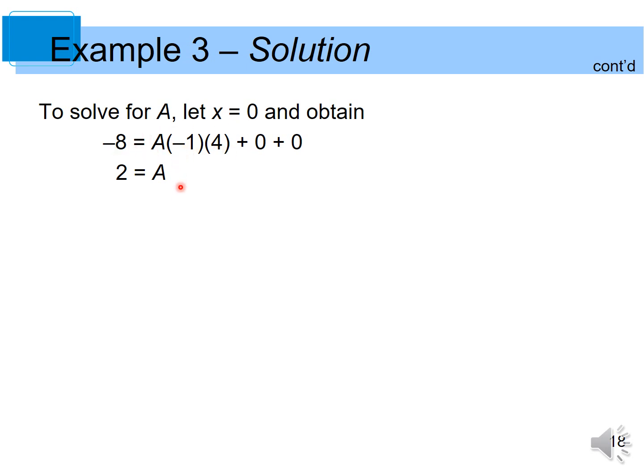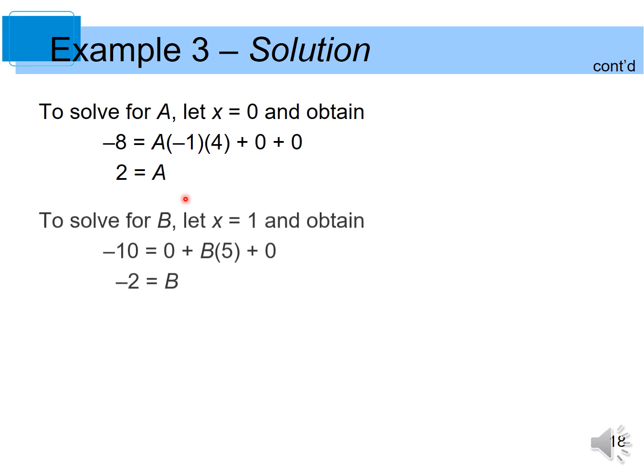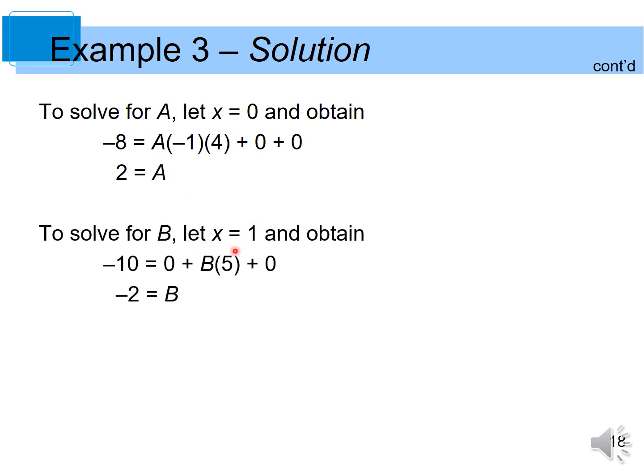Then we can solve for A. And the second factor is x minus 1, so we let x equal to 1, so this factor will be equal to 0. We substitute x equal to 1 into the basic equation. Then we can solve for B.